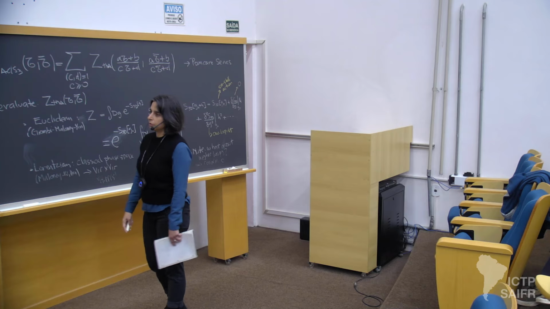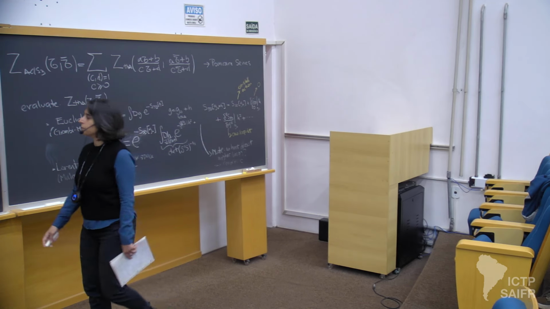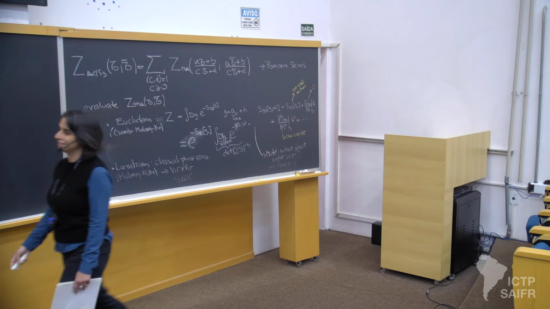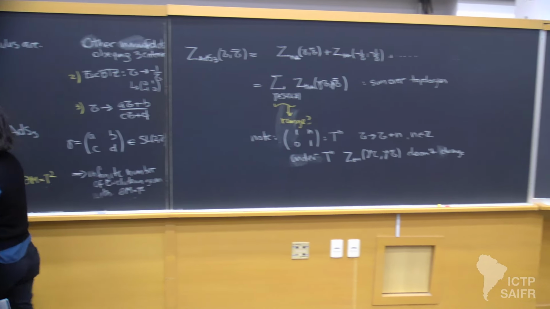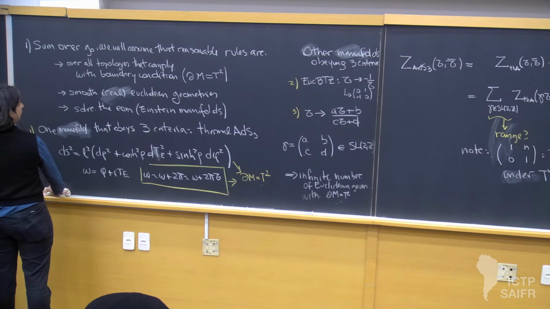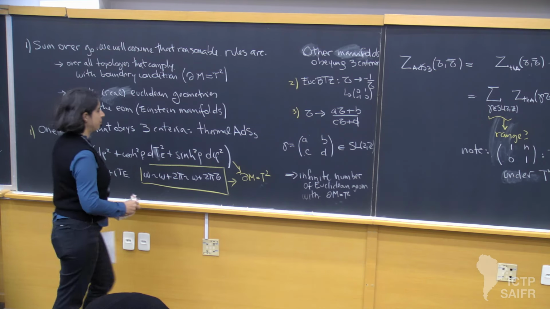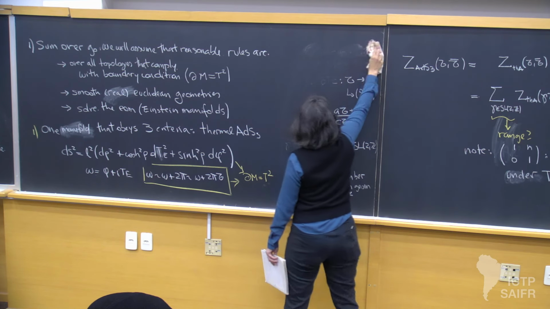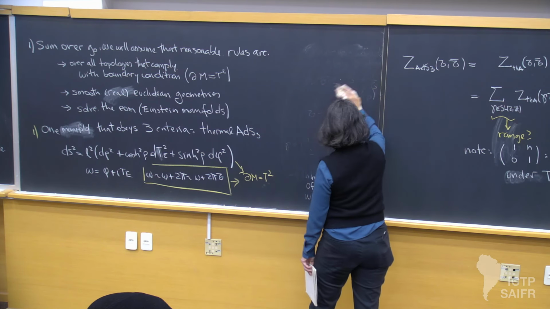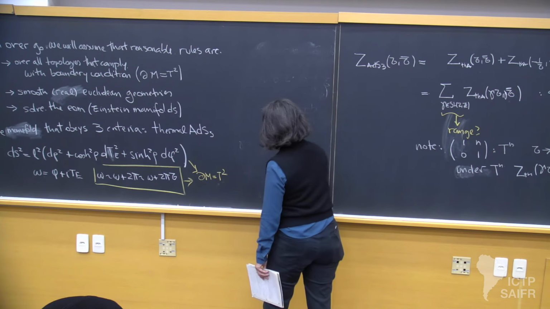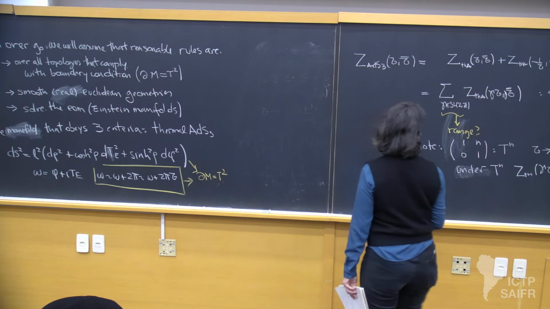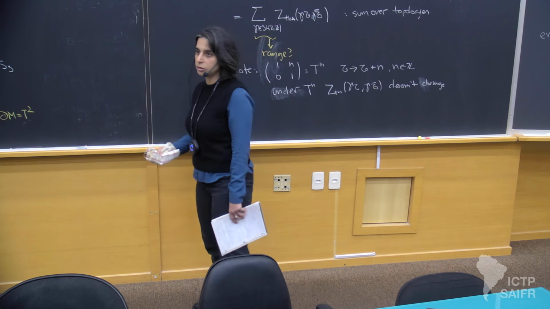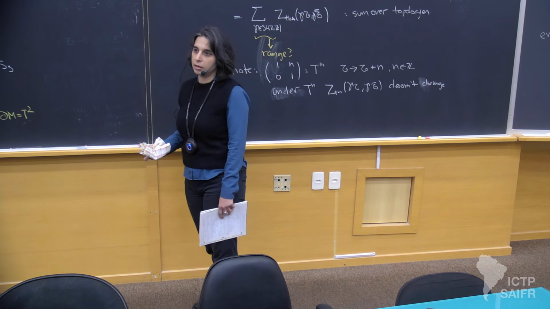So the punchline is basically that, sorry, I have way too many equations here. Let me start erasing. Oh no, actually I'm not going to erase that because those were my assumptions. At leading order, it's going to be the Brown-Henneaux central charge, but it could get renormalized.